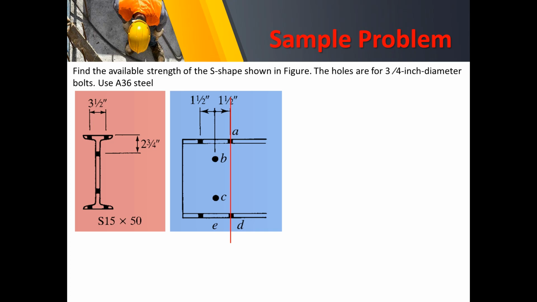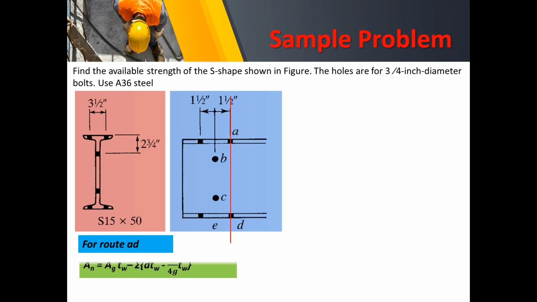So knowing those properties, we can now start calculating. The first root will be A to D, and that will be a straight line, take note. So we use this equation. So if we have bolts on flanges, all bolts will be on the same file.